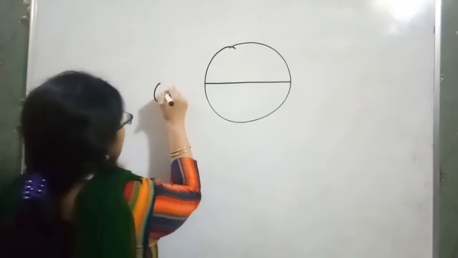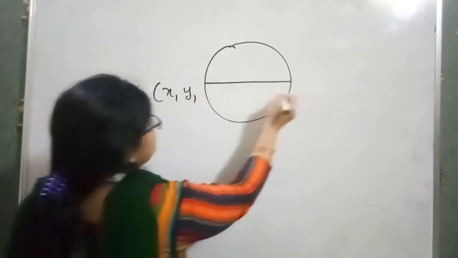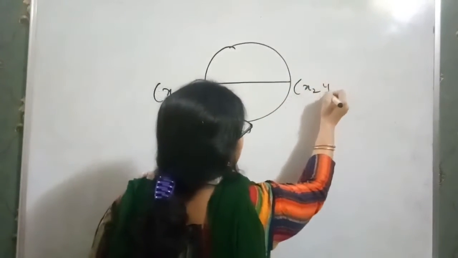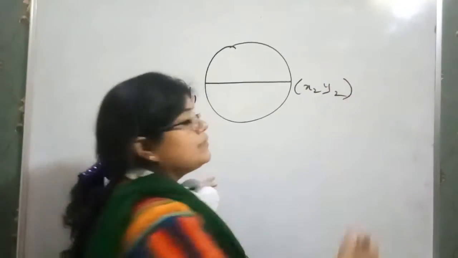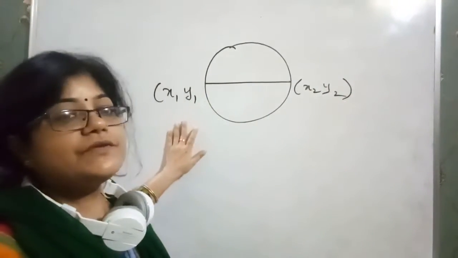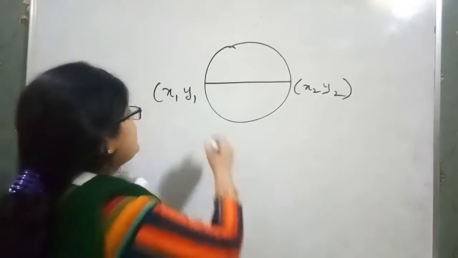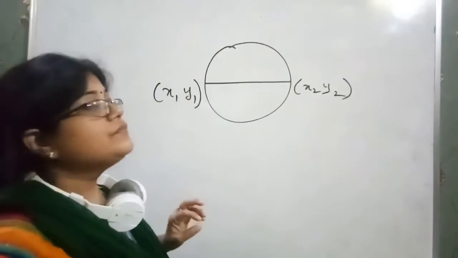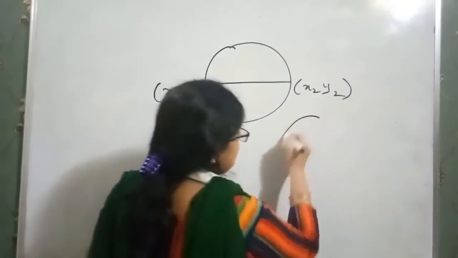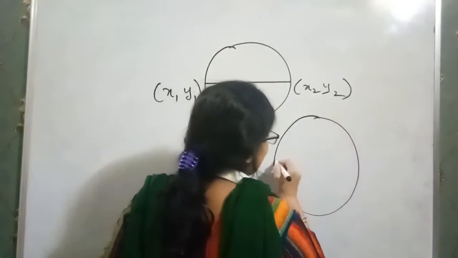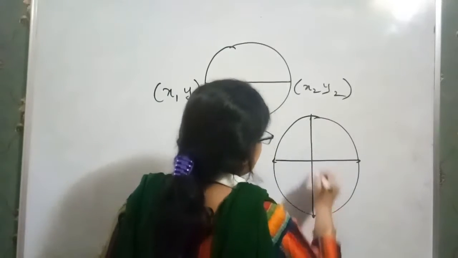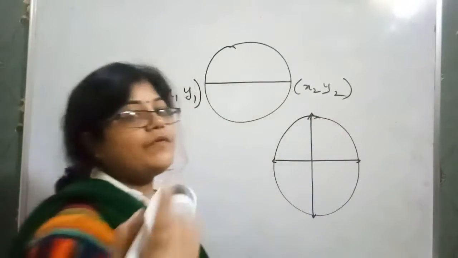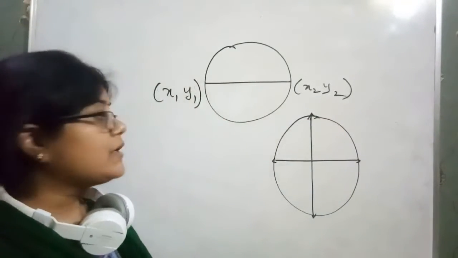So these are the 2 points (x1, y1) and (x2, y2). Now I am going to explain how to find the equation of a circle when the end points of the diameter are given, and another case when there are 2 lines which are equations of diameters. Then we have to find the equation of the circle.